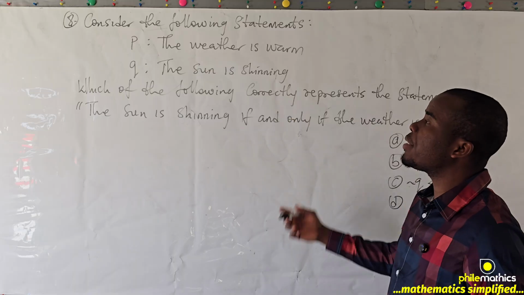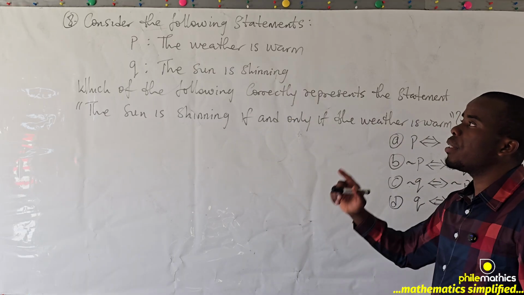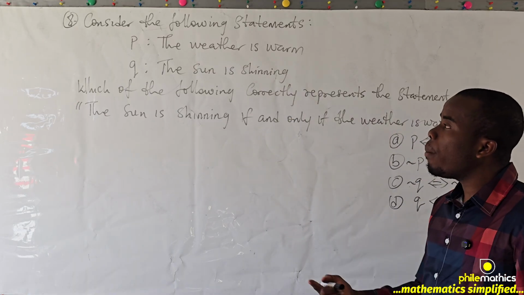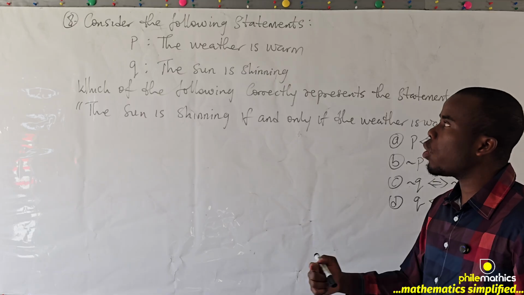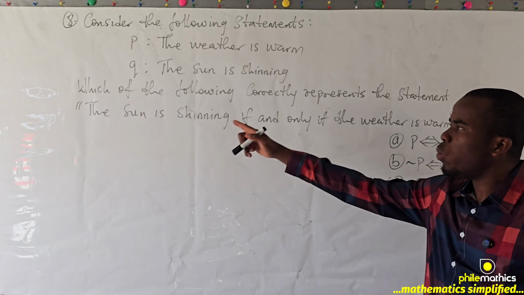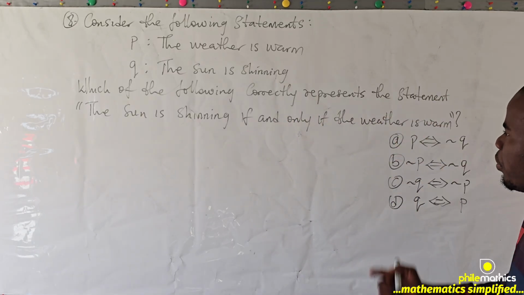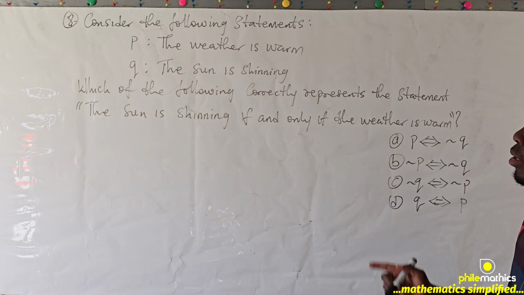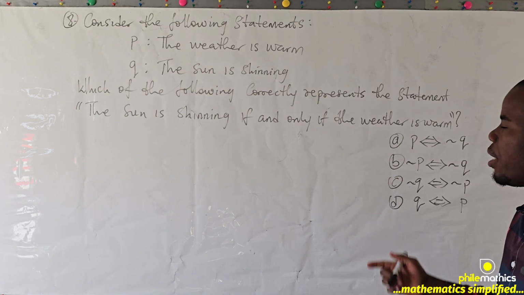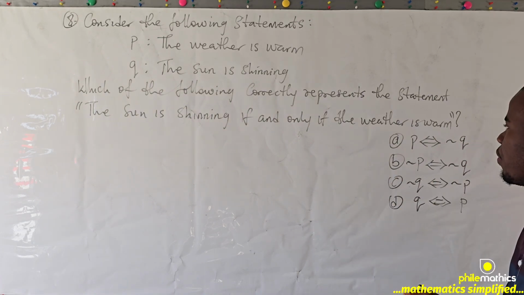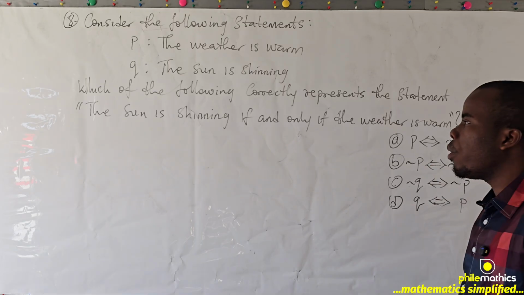Consider the following statement. P says the weather is warm. Q says the sun is shining. Which of the following correctly represents the statement the sun is shining if and only if the weather is warm?